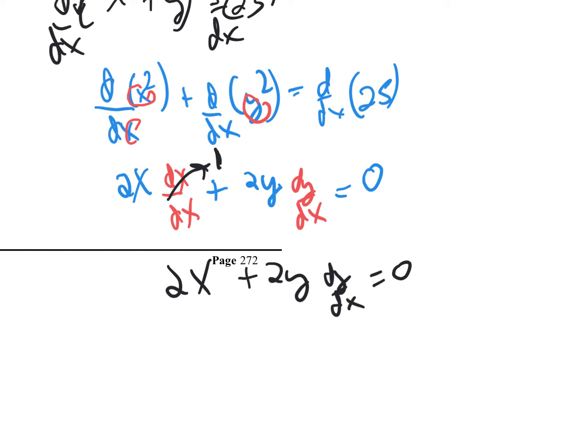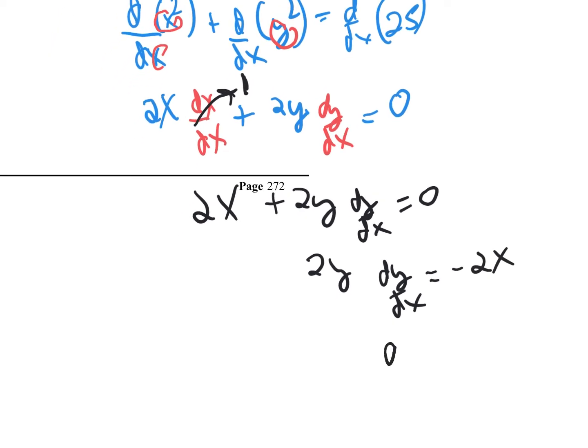So I subtract the 2x, I have 2y dy dx equals negative 2x. Divide both sides by 2y, dy dx is negative 2x over 2y, which is negative x over y. There's your first implicit differentiable function that we just did.